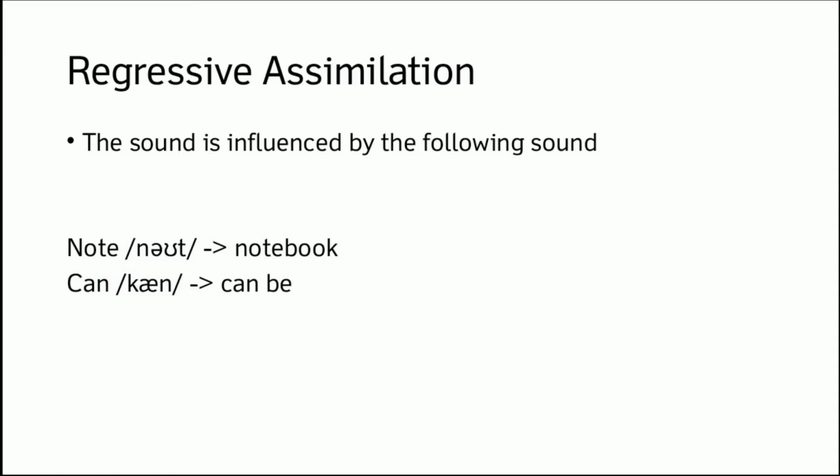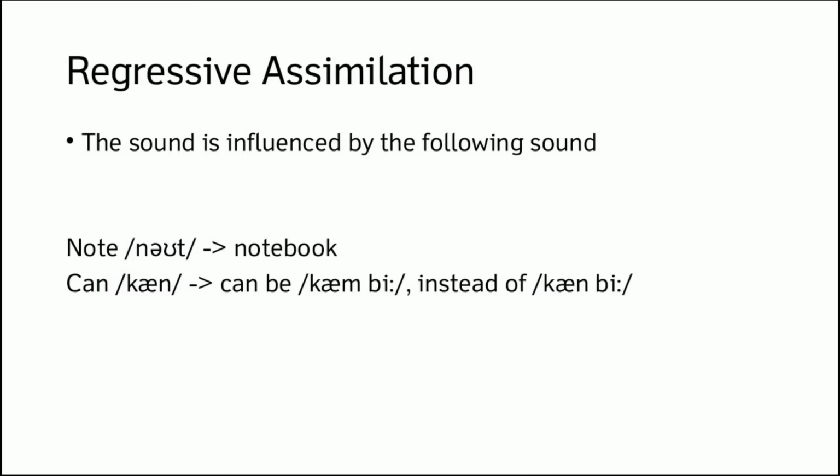In the second example, we see the word can. Again, in the transcription, can ends with the sound n. But if I add another word, be, it becomes can be with an m, not can be with an n. We replace the n sound with m for easier pronunciation when we are talking with someone in our daily life.